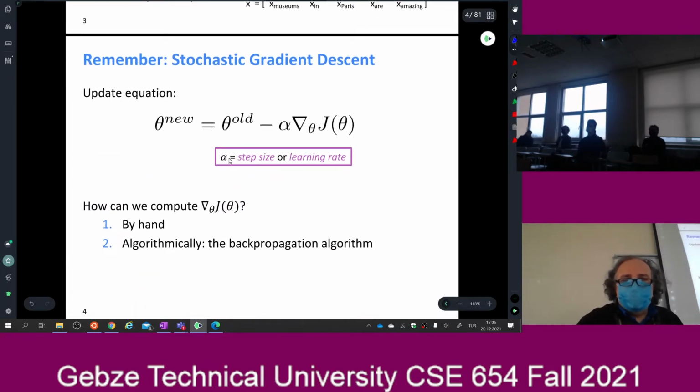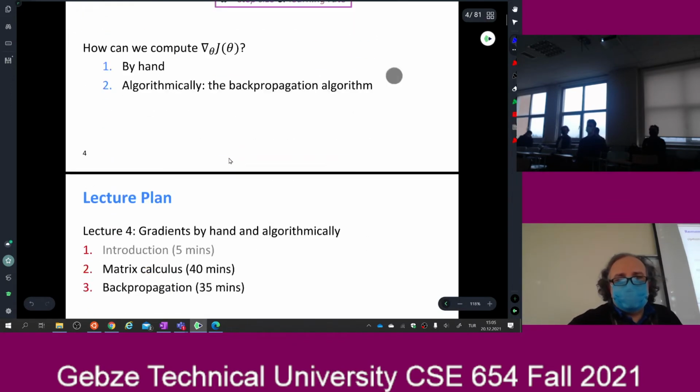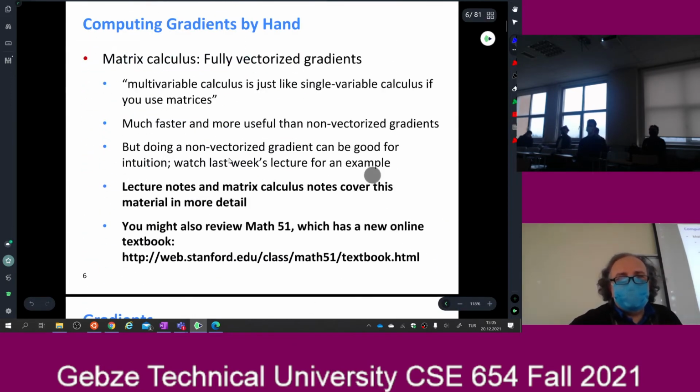Okay, and we are going to do this gradient descent again. Forget about the stochastic for a while. Okay, let's talk about this gradient descent. First, okay, I will follow these slides.